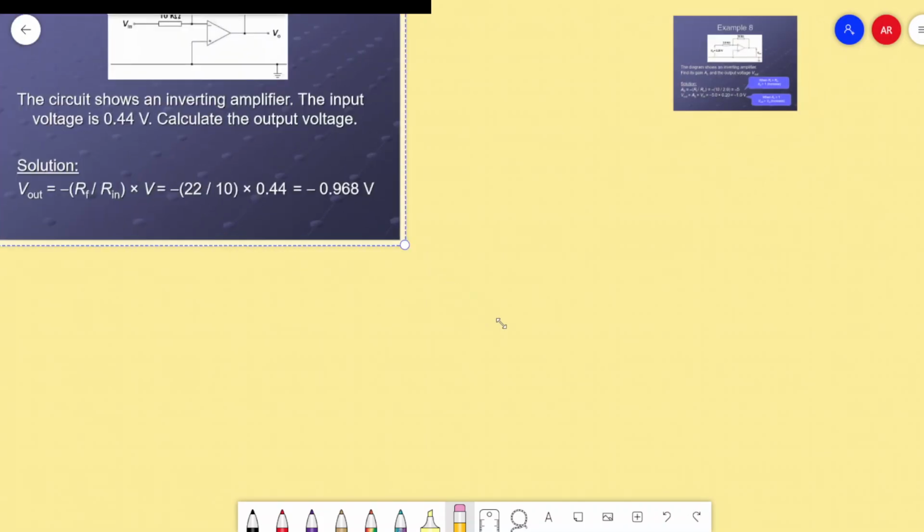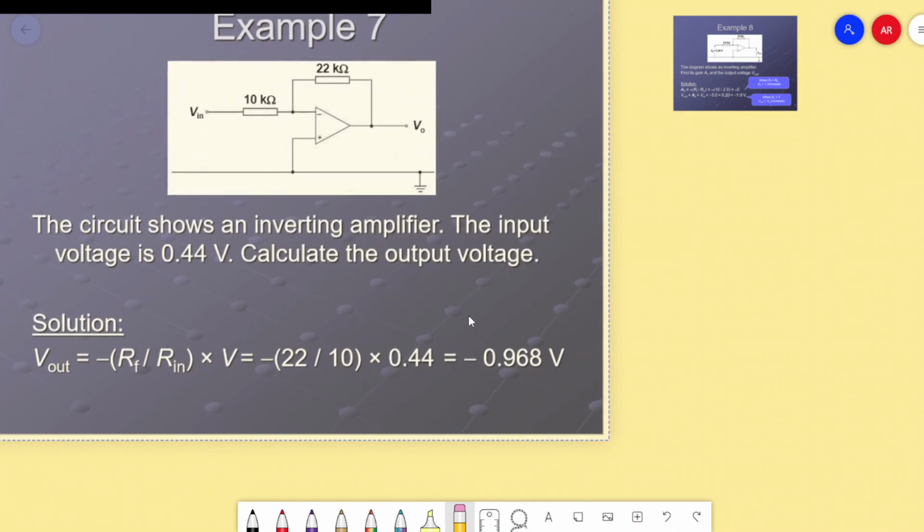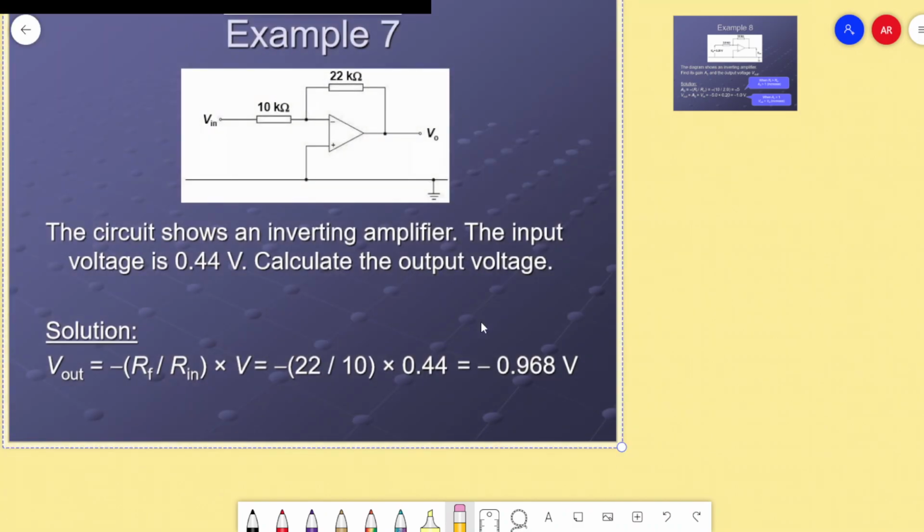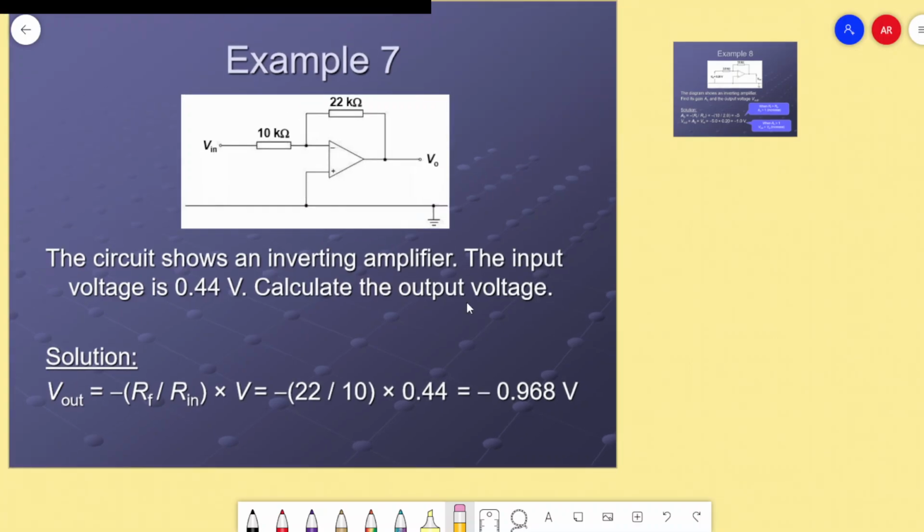So look at this question first. A question might not always tell you that this is an inverting amplifier or a non-inverting amplifier. By looking at the diagram, you should be able to figure it out. You see whether V plus is grounded or not.